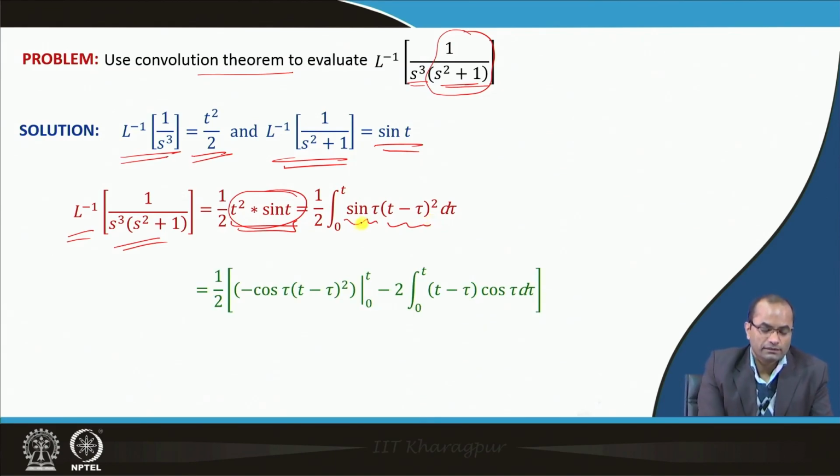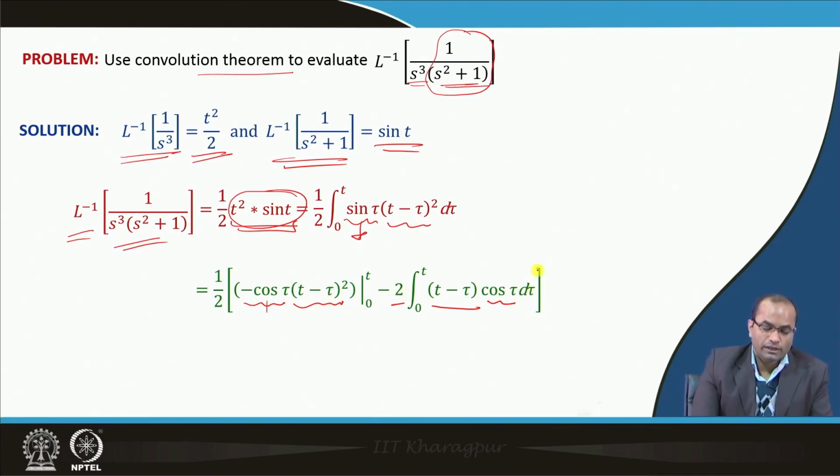So, here this sin tau will be minus cos tau, the second, this first function as it is, t minus tau whole square, and here it will be differentiated. So, 2 times t minus tau, and then this cos tau for the sin tau.